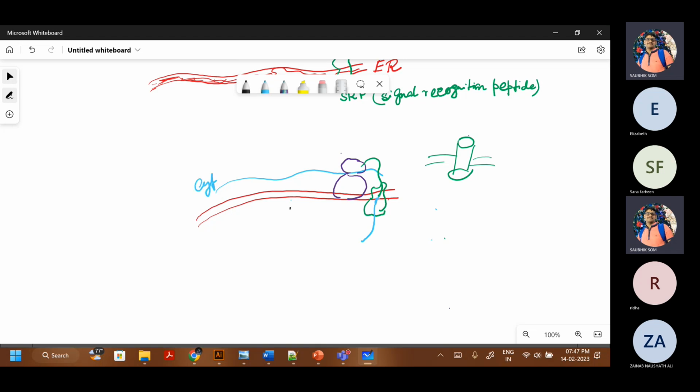So this is my cytosol and this is my ER lumen. See, it comes inside. Now, if there is some portion here which has a hydrophobic region, then what will happen in the next step?